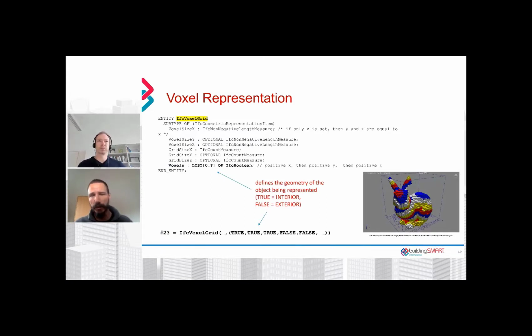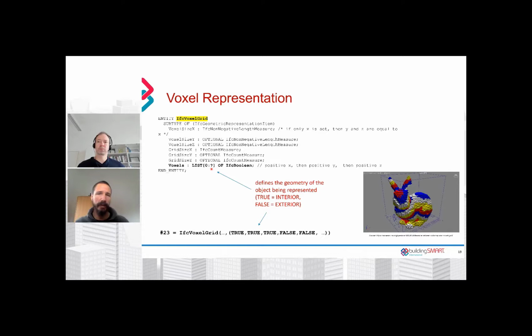Here we now also see the EXPRESS representation where the voxels are explained. I already touched on this, that we don't use a three-dimensional list. We just use one list because it's typically more efficient to use one list in various programming languages.